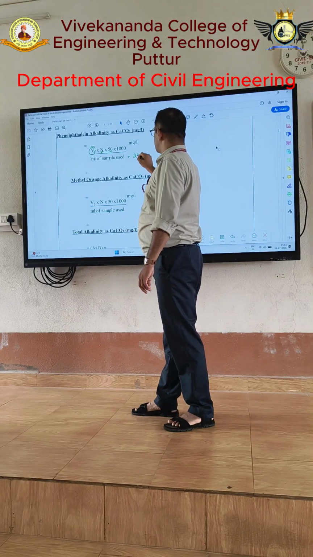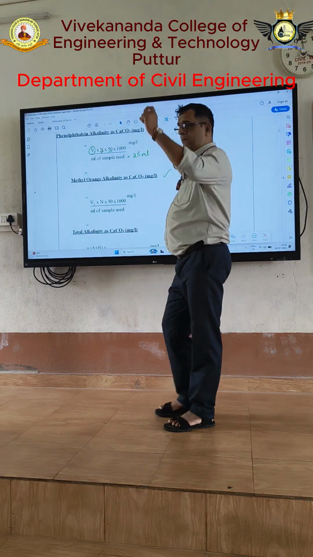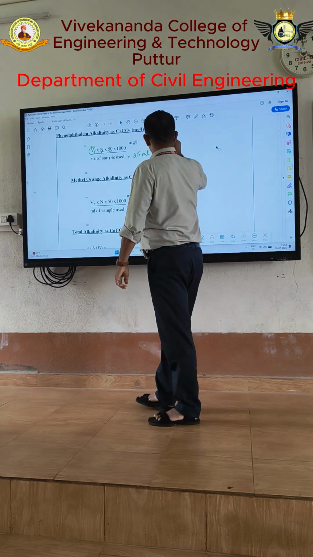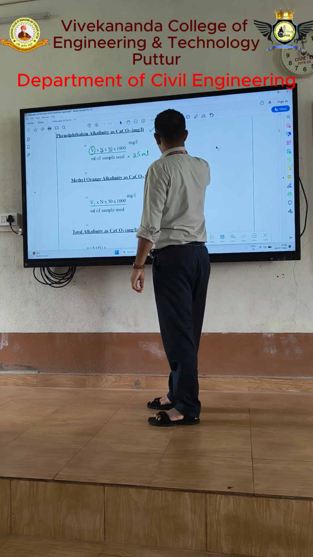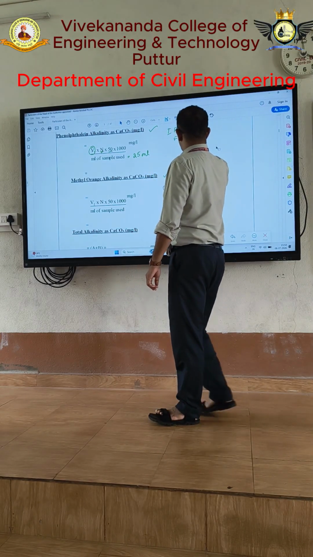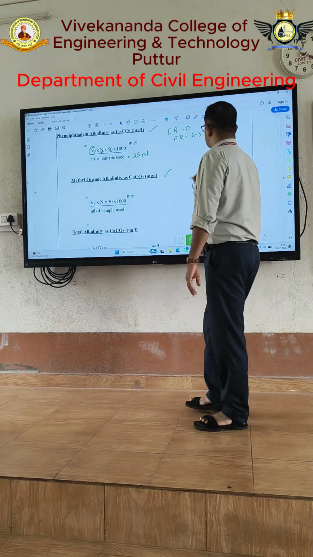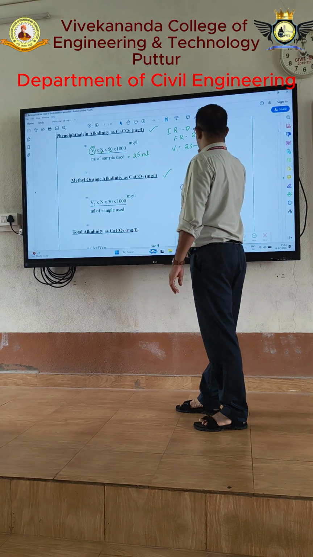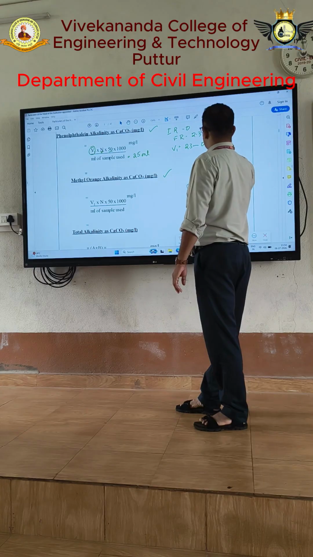Here, say I have taken 25 ml of sample in the conical flask. Say the initial reading is 0, and the final reading is 2.3, for example. So V1 is 2.3 minus 0, that is 2.3.